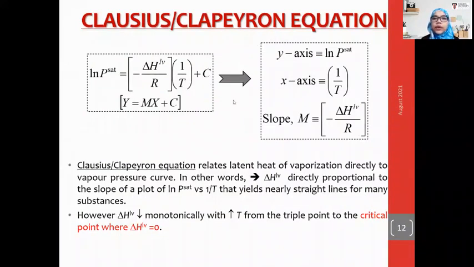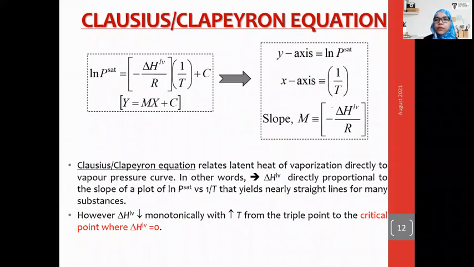Okay, this is how we rearrange. So we have the slope equal to delta H LV divided by R, the universal gas constant. The Clausius-Clapeyron equation relates the latent heat of vaporization directly to the vapor pressure curve, because we have ln P saturation here. In other words, delta H LV is directly proportional to the slope.